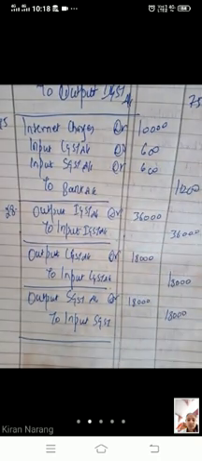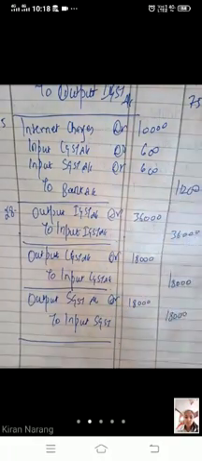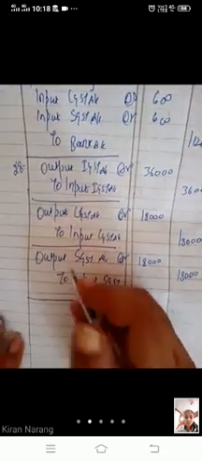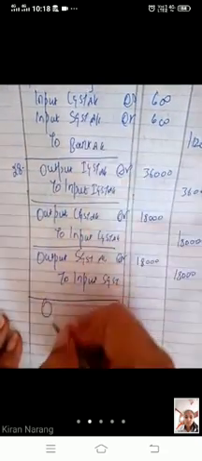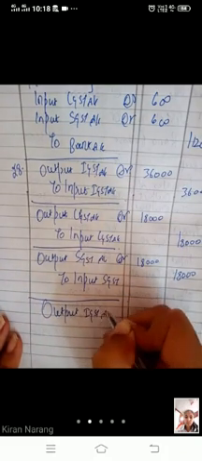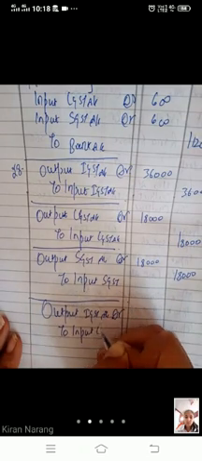Beta, in this question now we have input more than the output CGST and SGST. So we are utilizing for the first time the output IGST for settling the CGST and SGST.